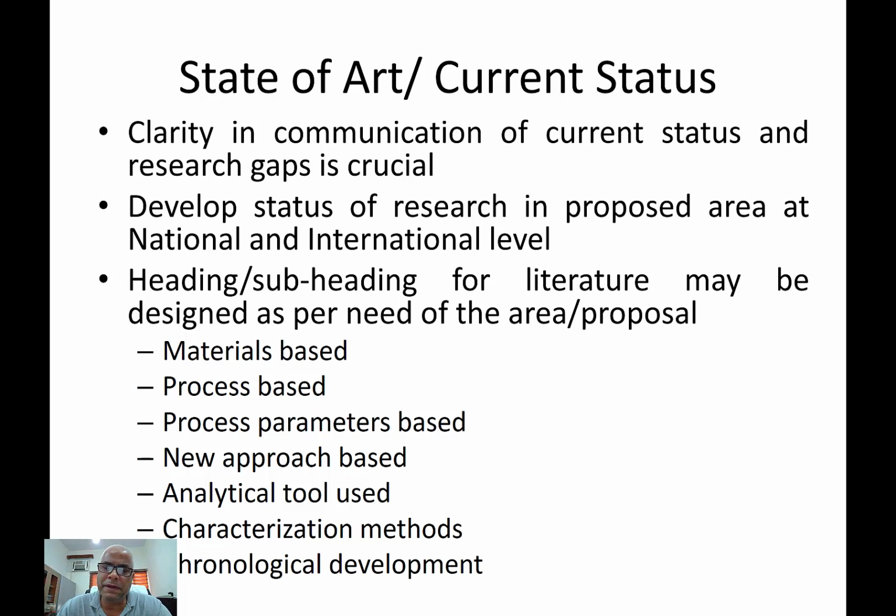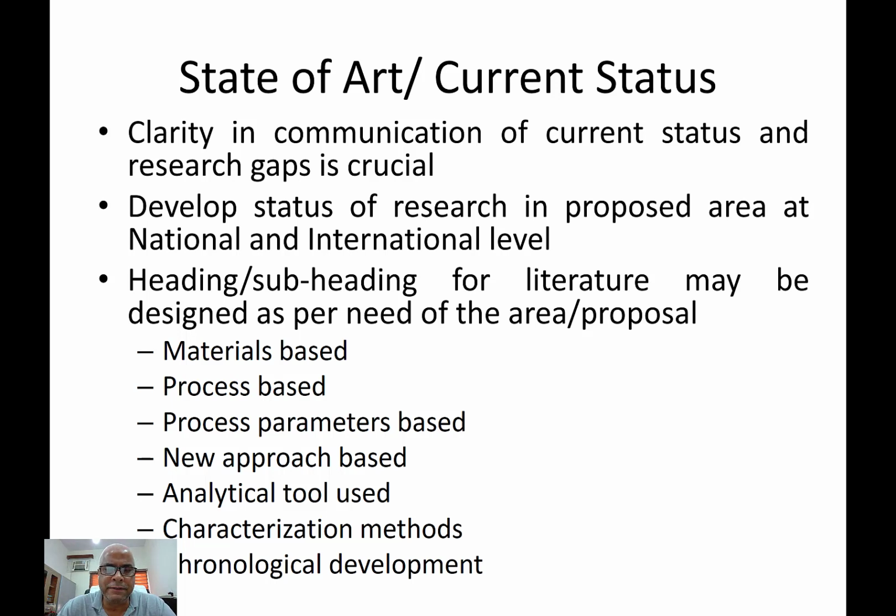So the literature can be summarized using those newer approaches, and how different tools have been utilized to investigate a particular process or to analyze the results. Then the characterization methods, like mechanical characterization, tribological characterization, corrosion, erosion, abrasion, tensile properties, hardness, etc., have to be seen.